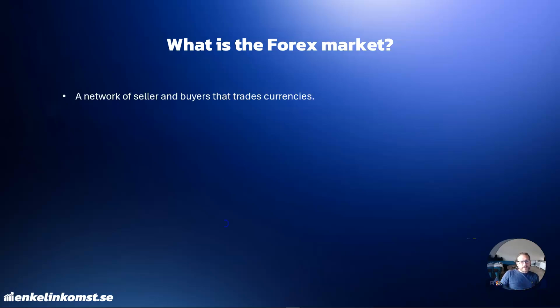So it's quite simple. We have a network of sellers and buyers that trades different currencies, and this is not like cryptocurrencies. This is mostly fiat currencies, and you can also trade indices, you can trade gold, you can trade oil, you can also trade some cryptocurrencies, but most part of the Forex market is fiat currencies.